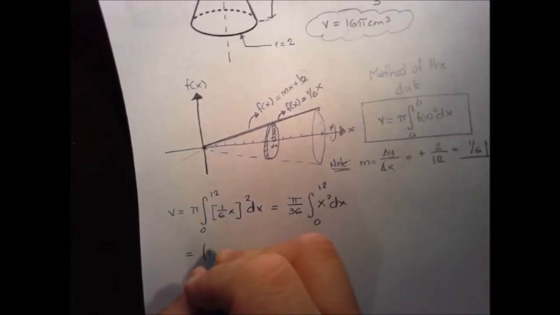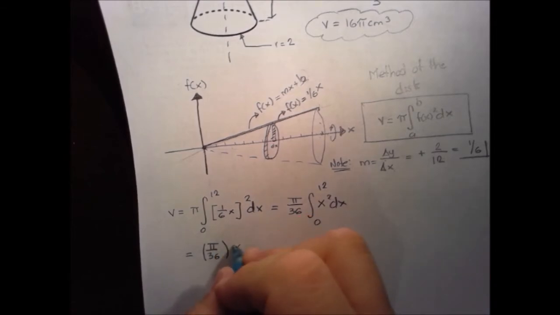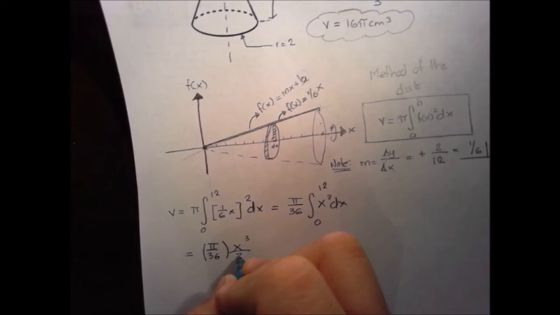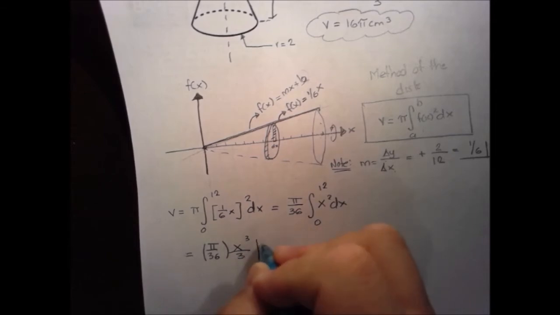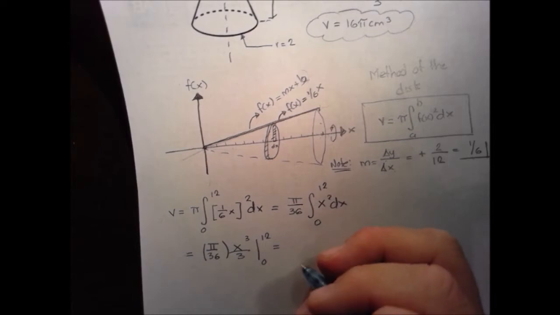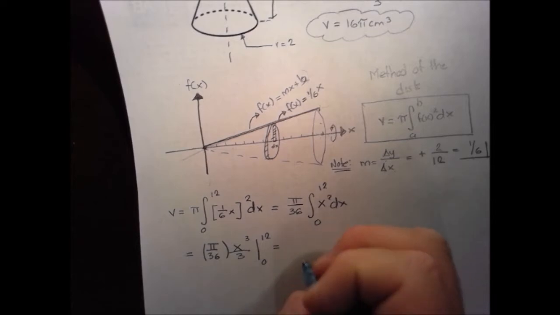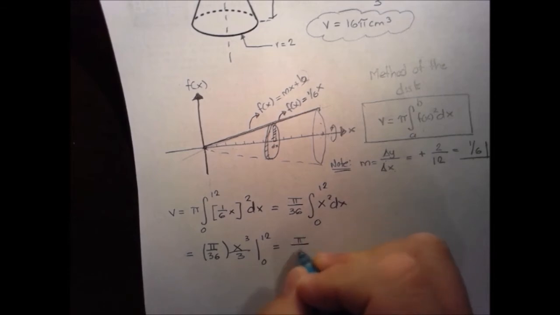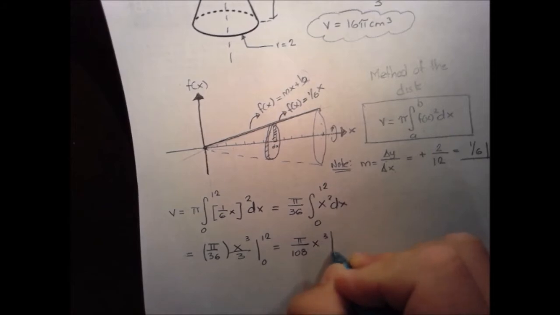Here I'm going to write pi over 36 times x cubed over 3, evaluated from 0 to 12. Right now we're going to multiply 36 times 3, and this is going to be pi over 108 x cubed from 0 to 12.